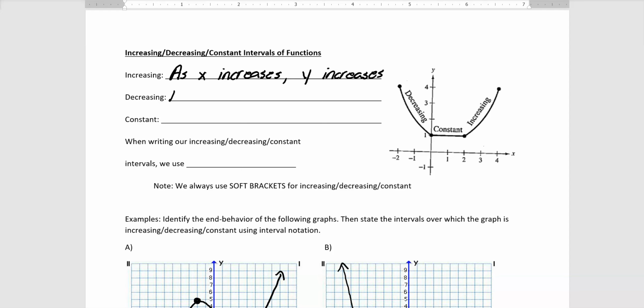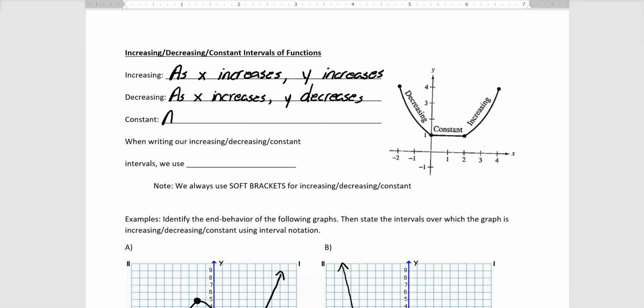Decreasing then is as x increases, all right? We're always moving from left to right. So as x increases, y decreases. An example here, as we go down from -2 to 0, that graph goes down. It is decreasing from -2 to 0.